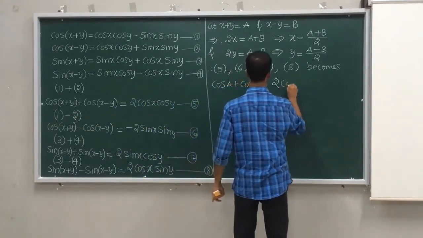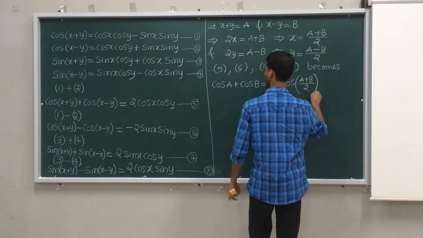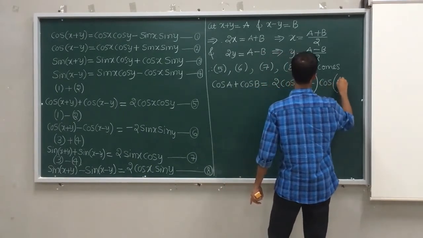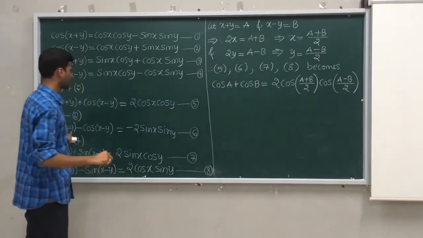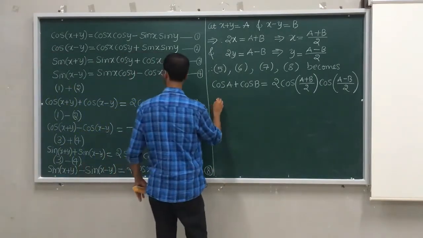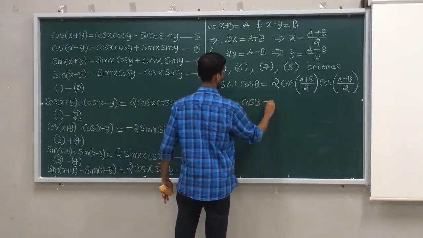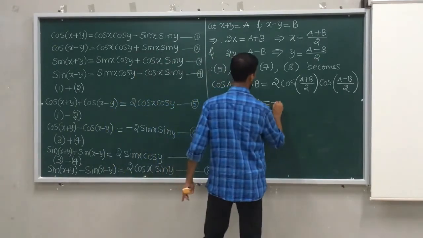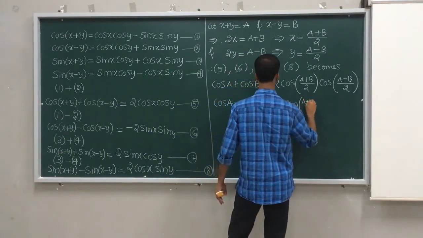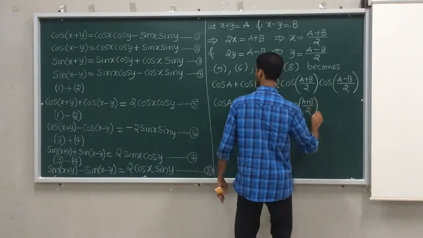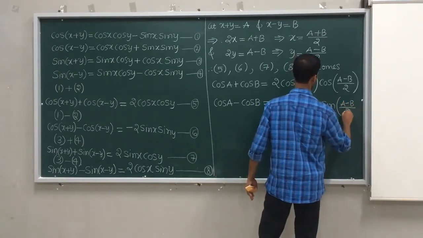Therefore 2 times cos a plus b by 2 cos a minus b by 2. When I consider equation 6, it becomes cos a minus cos b is equal to minus 2 times sin a plus b by 2 sin a minus b by 2.